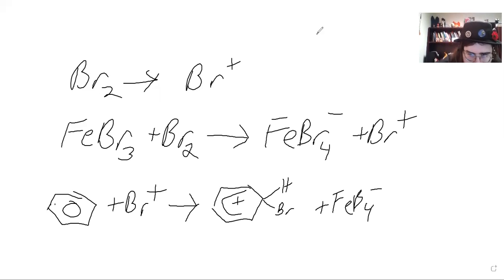The bromine's going to leave there. It's the activator, but it's going to be a catalyst as well. So it's going to reform HBr and FeBr3 again.